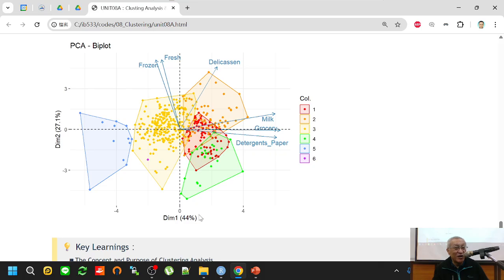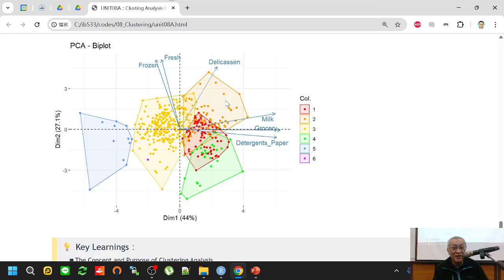and we know that because this blue group is here, this group only buys a very small amount of milk, grocery, and detergent, right? This is the characteristic of this group.